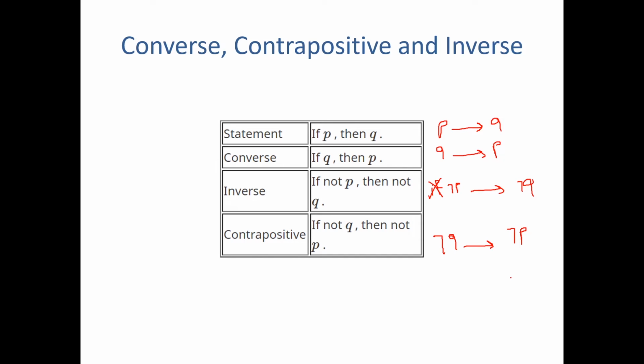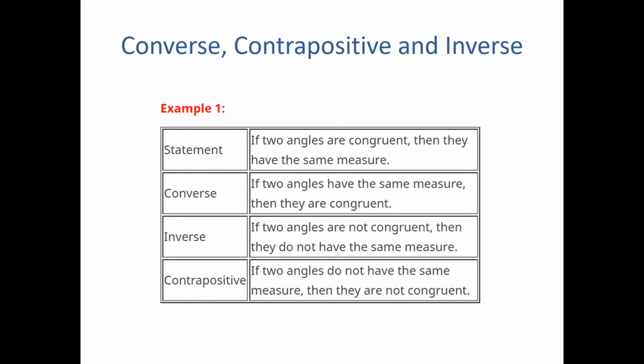Let's see an example of these. Your statement: if two angles are congruent, meaning they are equal, then they have the same measure. Converse: if two angles have the same measure, then they are congruent. So like flipping P and Q. Inverse: if two angles are not congruent, then they do not have the same measure.